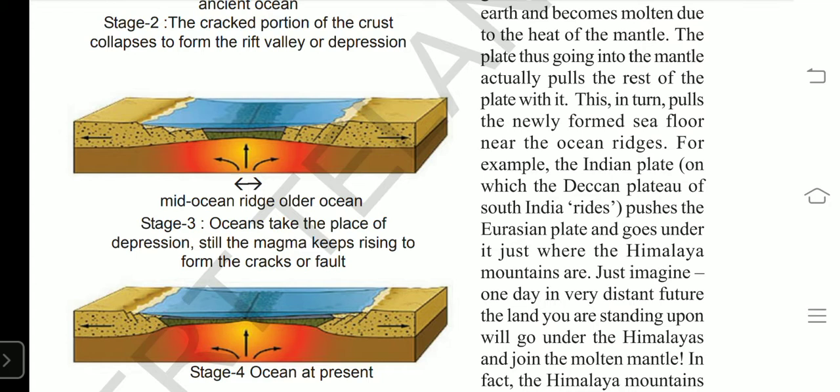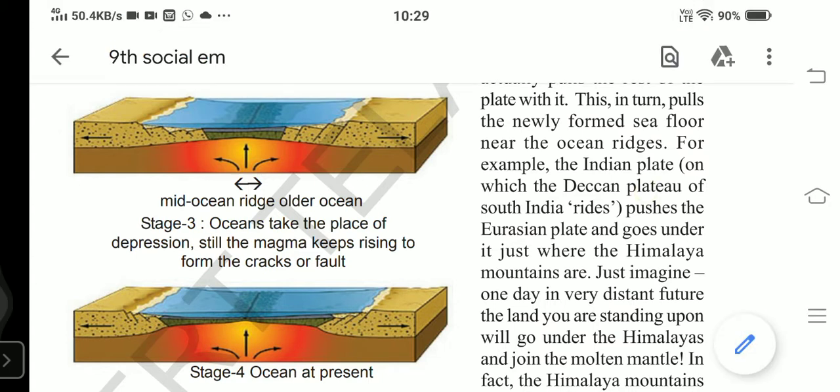In the same manner, when one plate dips into the mantle, the other plate, which is rubbing or taking friction on the dipping plate, will cut the soil, that is, the crust part, and the sediments which are on the dipping plate will be taken into the foldings.